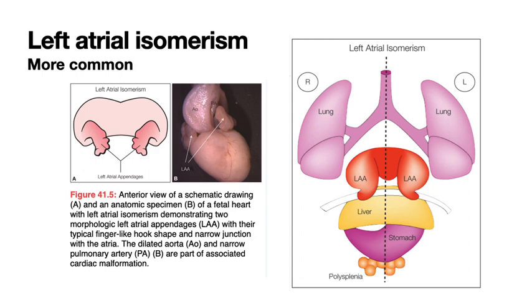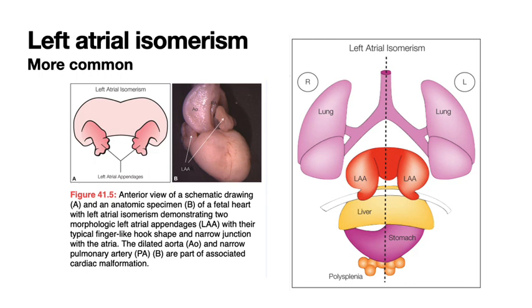So there are a bunch of units that are the same. So an isomer is basically like a molecule that's the same, but in a different orientation. So the point is there are two left atria. So they call that left atrial isomerism. And left atrial isomerism is the more common one.